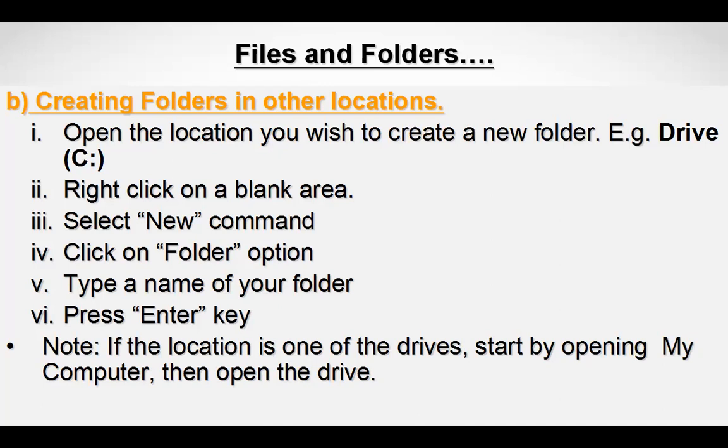Then you type the name of your folder and press enter. So that's how your folder will be created. Now, if the location is one of the drives, open My Computer, then open the drive. That's the easy way to access your drives.